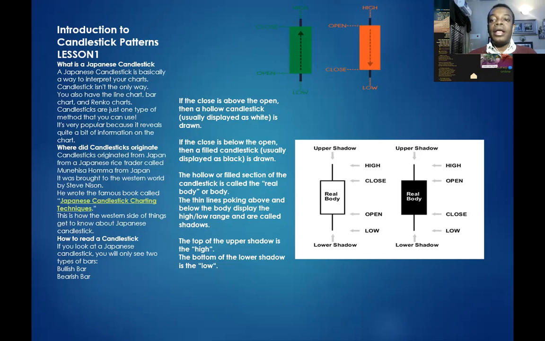So when you start hearing these terminologies in future classes, you don't need to be confused. Now on this chart pattern, you are looking at a full-body candlestick. This is a buying candle, and the body of this candlestick tells you that this level here is the highest point the market reached in that period, and this is the opening price of that day or period.